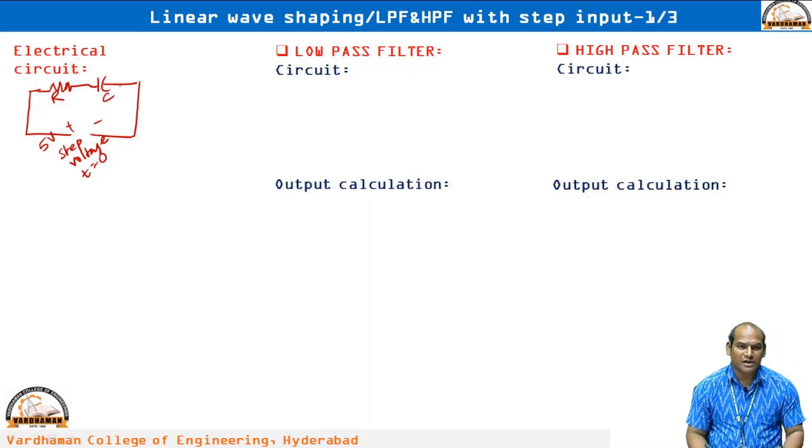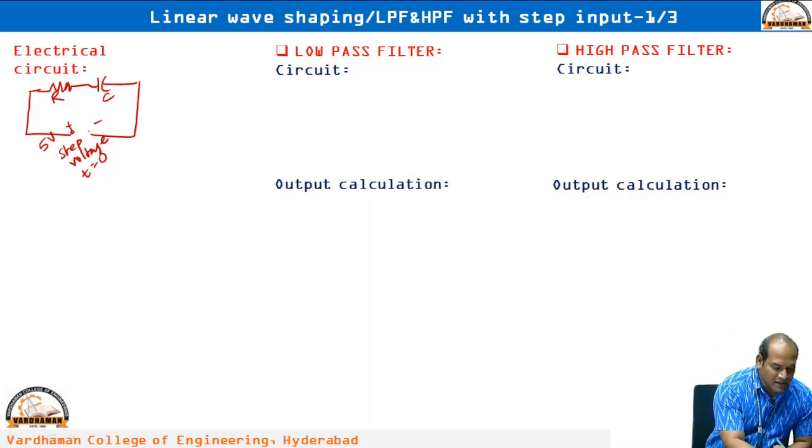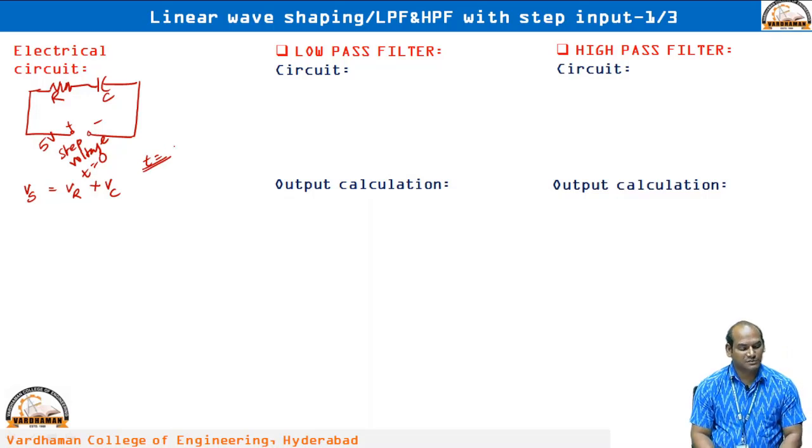Okay. Now, we are going to analyze this circuit in terms of voltages. Because it is a loop, we can apply KVL. From KVL I can write: supply voltage is equal to voltage of the resistor plus voltage of the capacitor, and I am calculating at different times now.